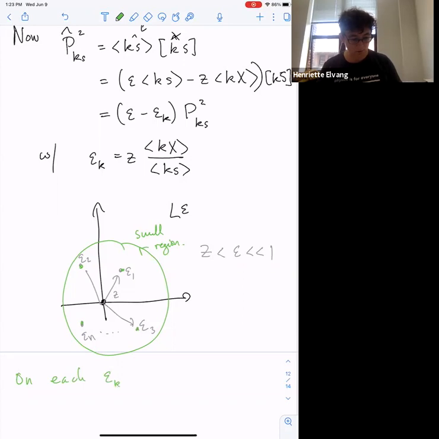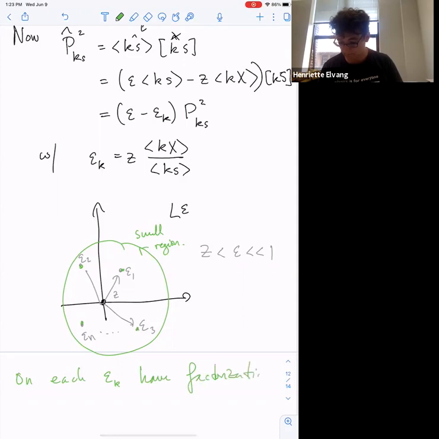So on each of these poles, I have factorization. And the key point is that I can factorize on each of these poles a little bit away from 0. And once I know an expression there, I know those are the only pieces in the amplitude that can possibly give me an epsilon divergence. So then I can take epsilon to 0 while pushing z to 0, and I can extract the divergences that way.